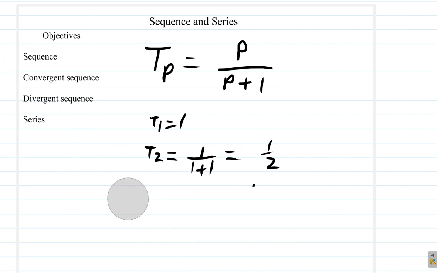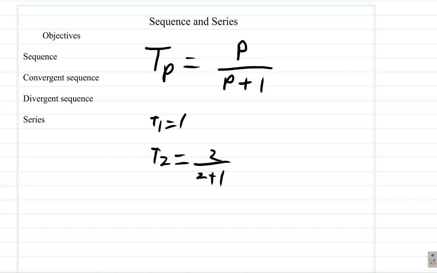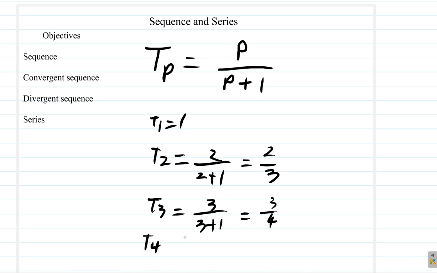Let's start again. Term 2 would be 2 over 2 plus 1, which would be 2/3, because I said TP is P over P plus 1. Term 3 would be 3 over 3 plus 1, which is 3/4. Term 4 is 4 over 4 plus 1, which is 4/5, and so on.